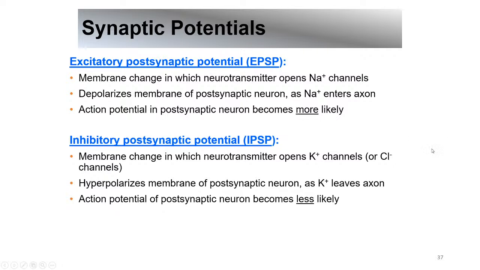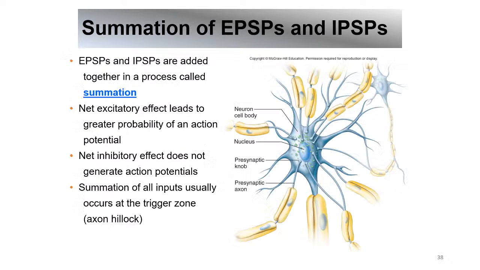If you open chloride channels, negatively charged chloride will flood into the cell, making the cell more negative. And if we make the cell more negative, we take it further away from threshold and hyperpolarize the cell, and we make action potentials in the postsynaptic neuron less likely.